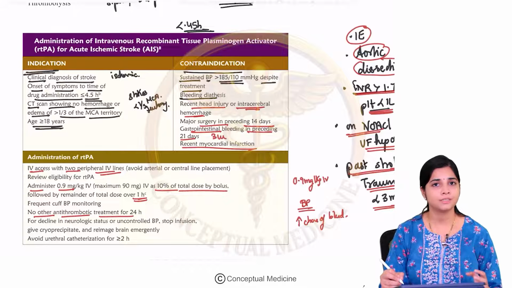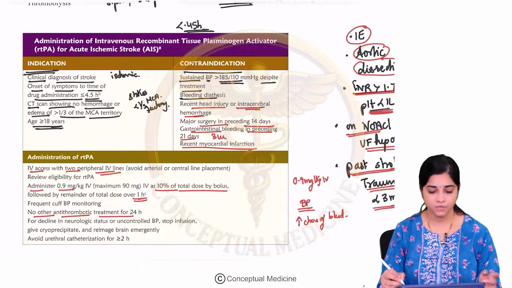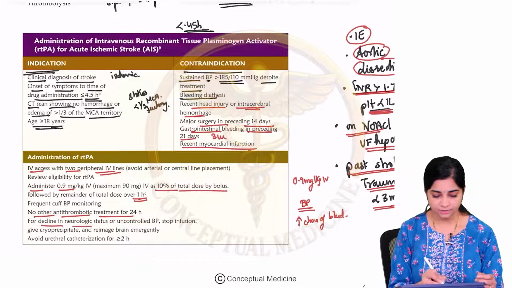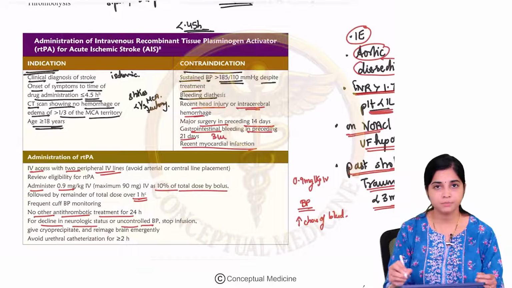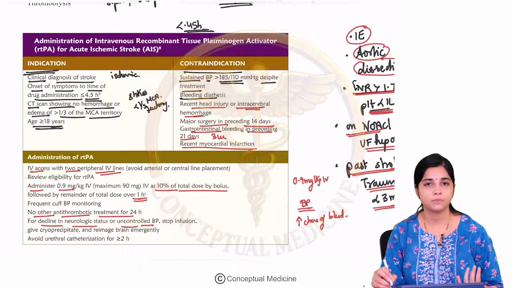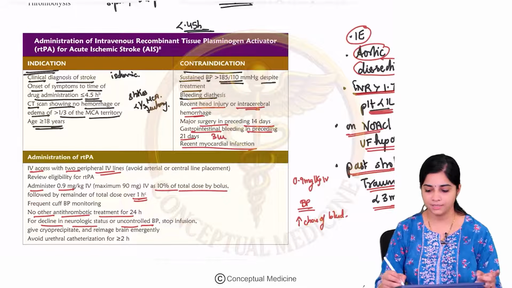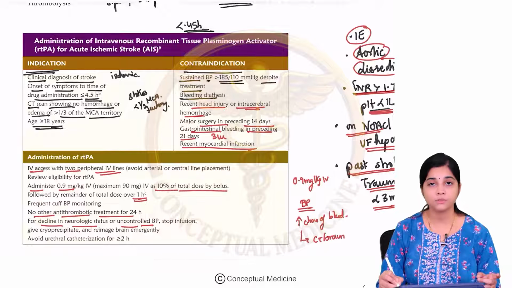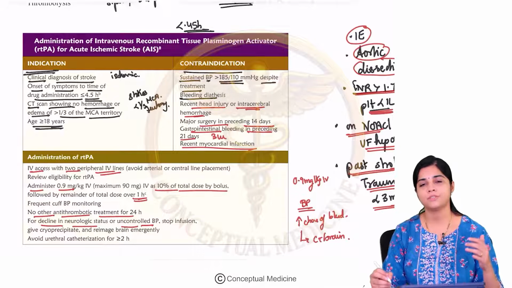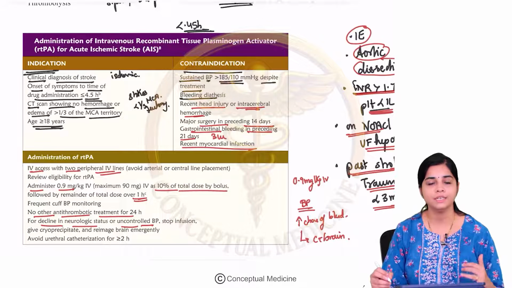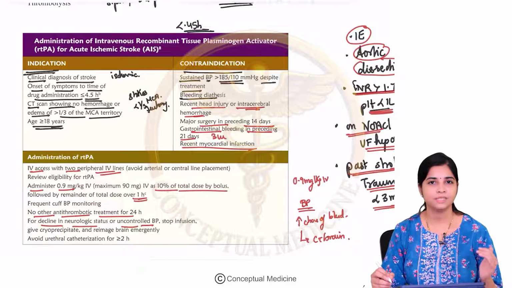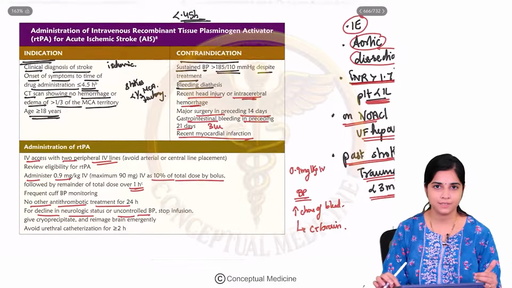So always remember that this risk is there. Whenever there is a decline in neurological status or uncontrolled blood pressure during thrombolysis, you will have to stop the thrombolysis and immediately take the patient for a CT brain, right? During thrombolysis, if the patient's neurological status is declining, remember that this could be a bleed. Urgently take up for a CT brain.